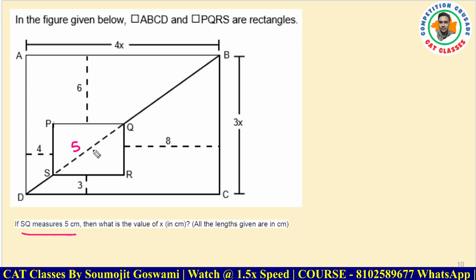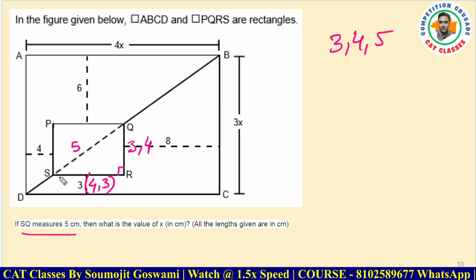If this is a rectangle, I know for a fact this is 90 degrees and this is a right angle triangle. If you remember, the triplet is only 3, 4, 5. So if the hypotenuse is already 5, this length can be 3 or 4, or this length can be 4 or 3.